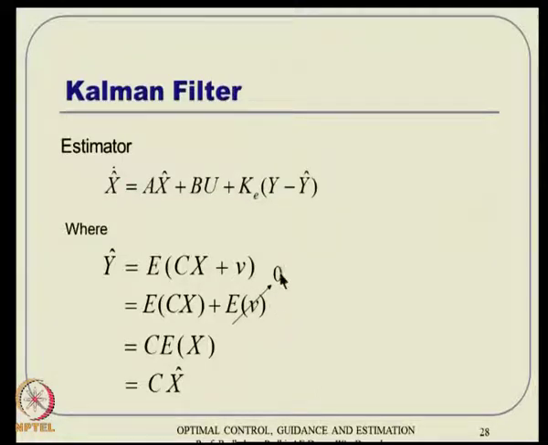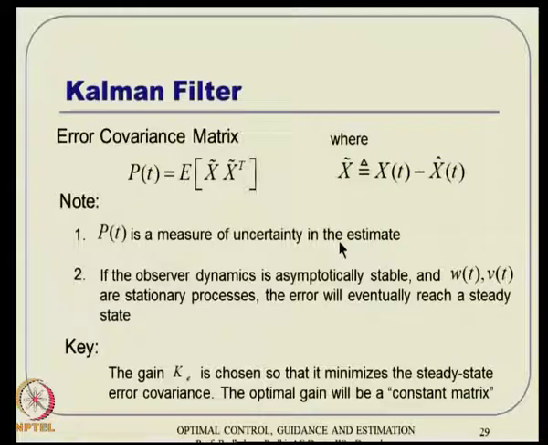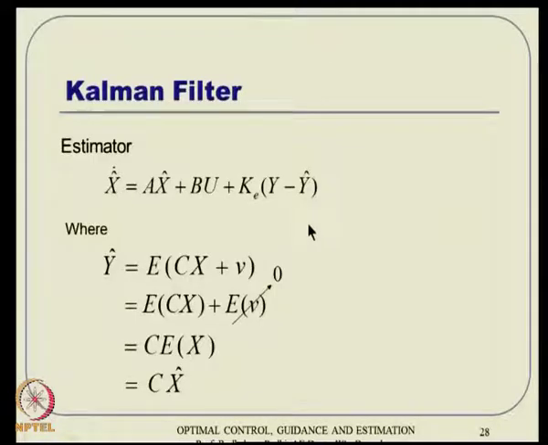And C can come out, so this turns out to be C x hat. So, y hat is nothing but C x hat, even though the definition says it is the expected value of Cx plus V. So, you substitute it back and proceed further.